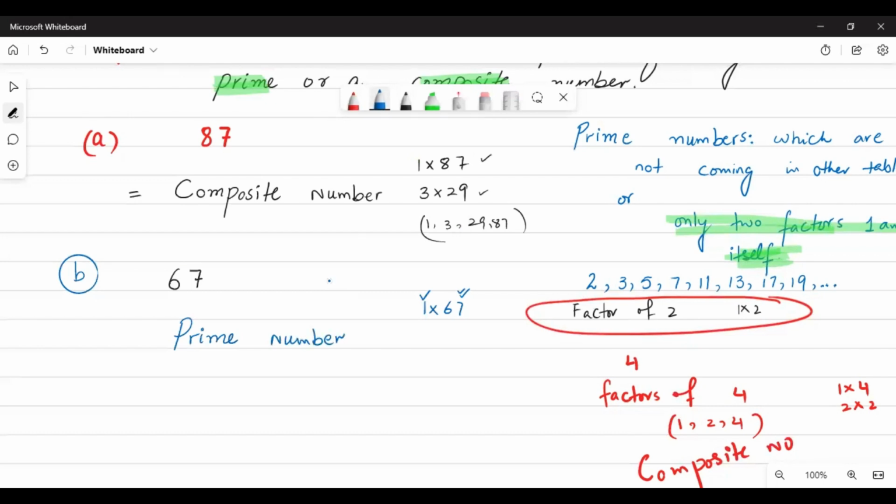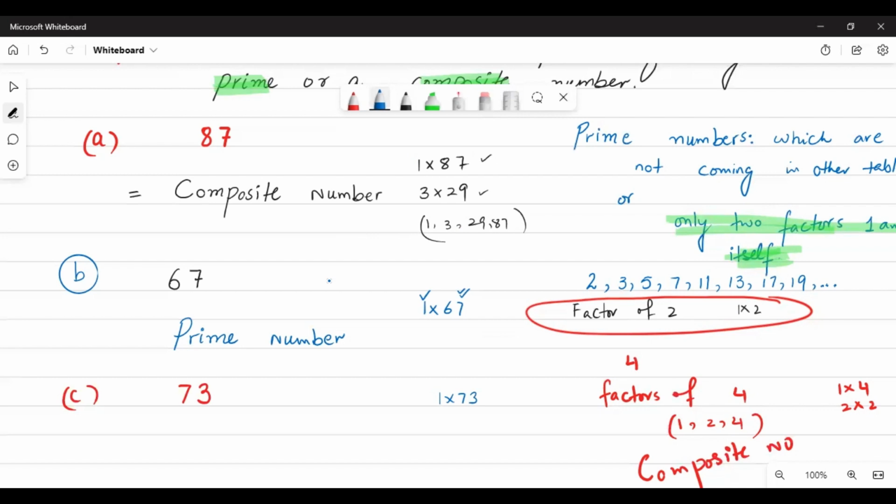Now, what you want to do next is the C part of the question. The C part of the question is the number 73. So now let's start with 73. 1 times 73 is 73. As the last digit is 3, it's not divisible by 2. It means we cannot divide it by 2. And what is the divisibility rule for 3?